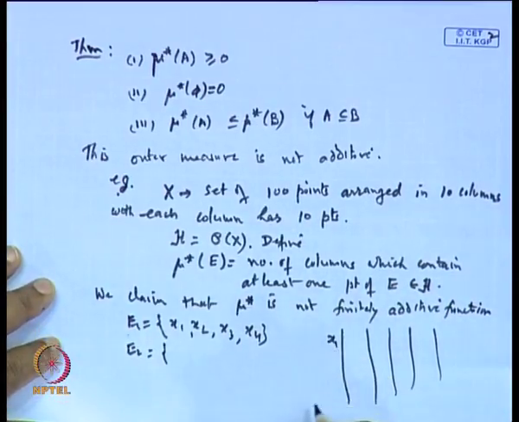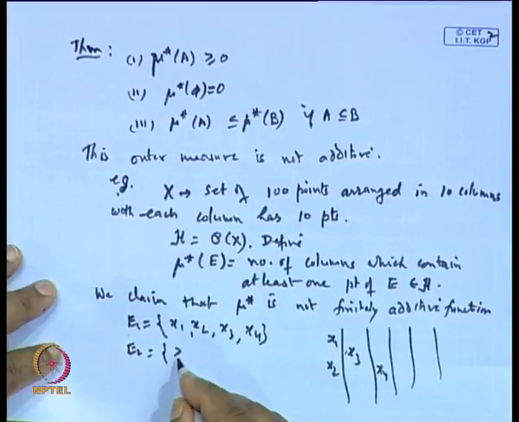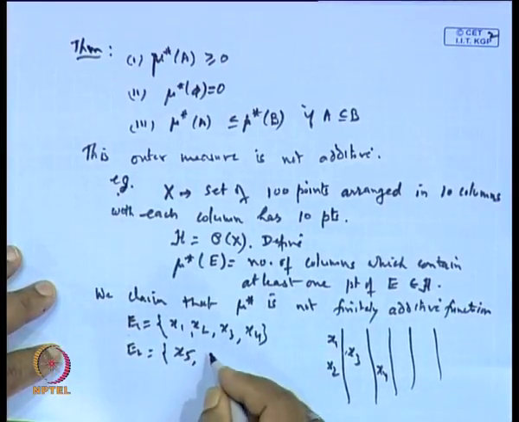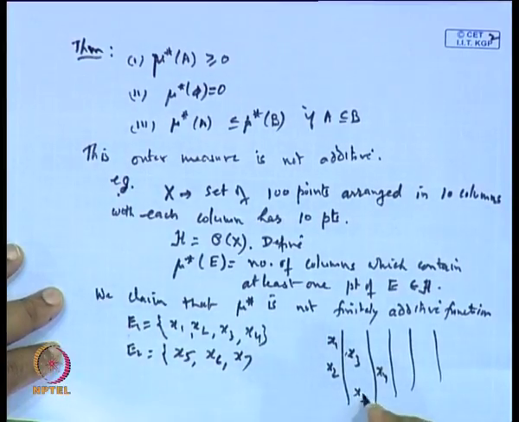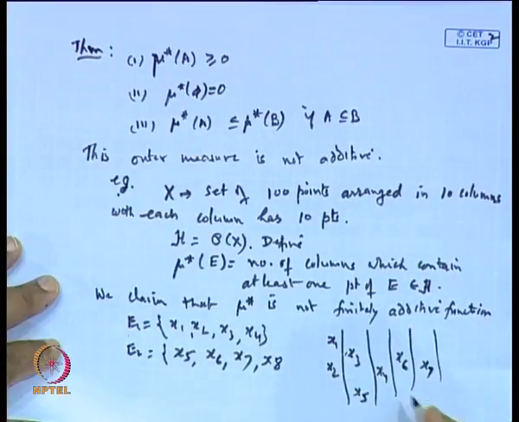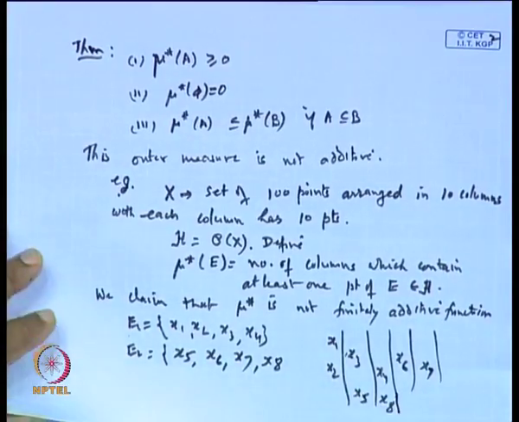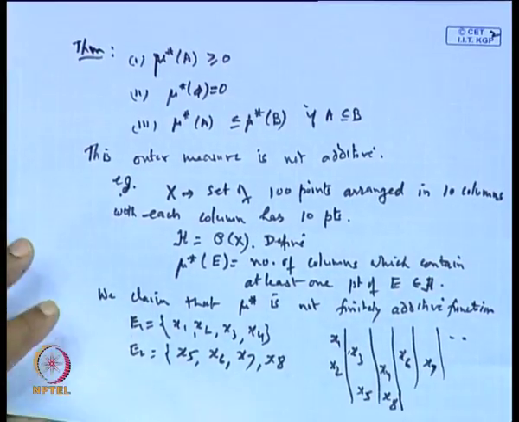So, E1 has elements lying here x1, x2, x3, say x4, and E2 is suppose x5, x6, x7, where x5 is here, x6 is here, x7 is somewhere here, and x8 let it be here. Okay. So, these are some 10 columns where the elements of E1 and E2 lie.